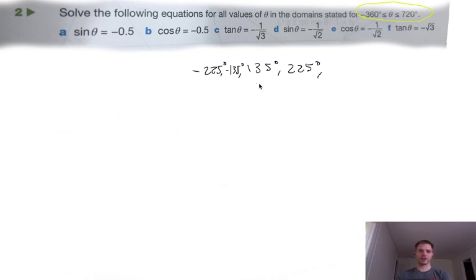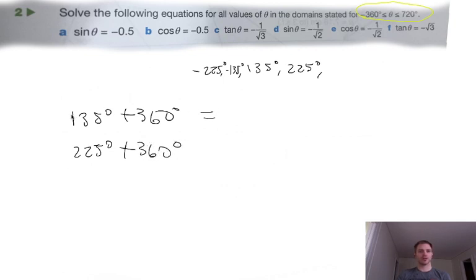And then to figure out the third cycle, or the 360 to 720, we're going to add 360 to each of these. Why 360? That's one period of cosine. Okay. So we've got 135 degrees plus 360 degrees and 225 degrees plus 360 degrees. So this is 495. We have 495, yep.